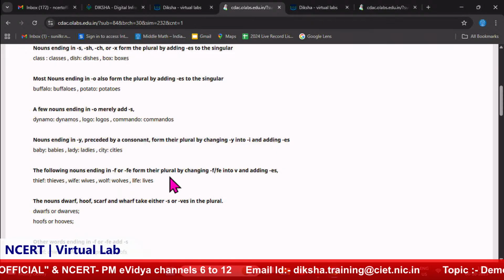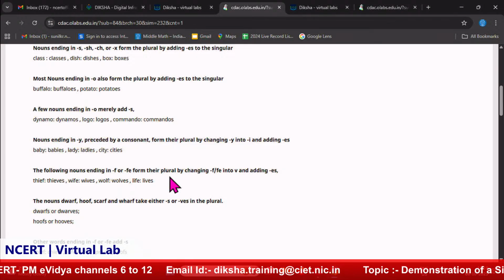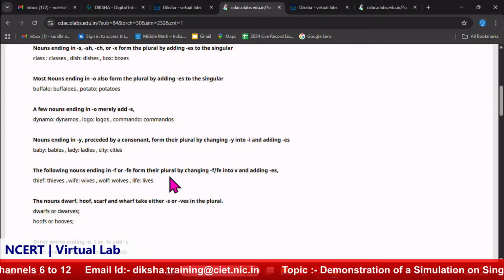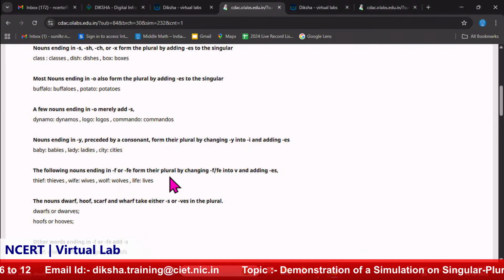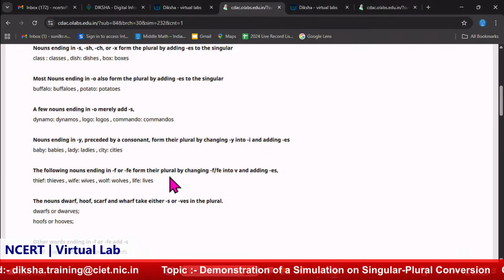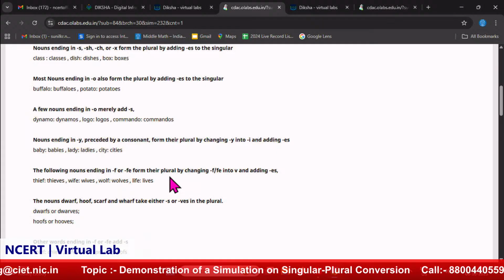Then there are words that end in F. Thief, wife, wolf, knife. What happens to them? Again, IES. No, VES. VES, yes. So thief will become thieves. And this is about pronunciation, you see. Naturally, when we say thieves, let's try and say thiefs.